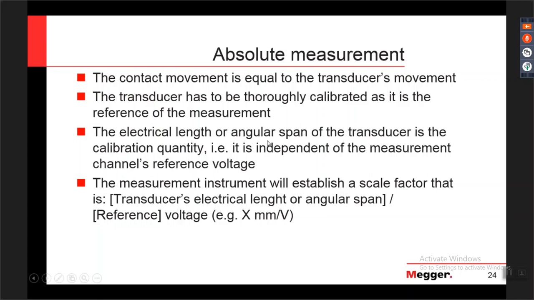For instance, if you switch between different instruments like the TM 1700 or an Eagle, which have different reference voltages, you can still use the same transducer calibration. The measurement instrument will establish a scale factor, calculated as the transducer's electrical length or angular span divided by the reference voltage. So that scale will have the unit millimeter per volt.